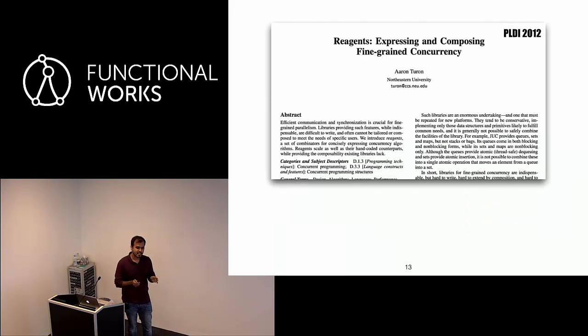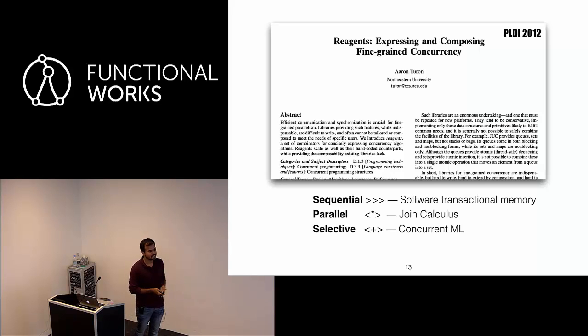Reagents were introduced by Aaron Turon in his PLDI 2012 work. It's a really good paper. If you're interested in reading a nice paper on PL design, I would recommend reading this paper.